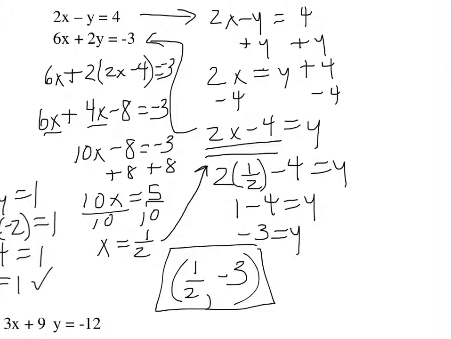We can check that. We used our first equation to find x and then y. So let's check it by substituting these x and y values into the second equation. So 6 times 1/2 plus 2 times negative 3.